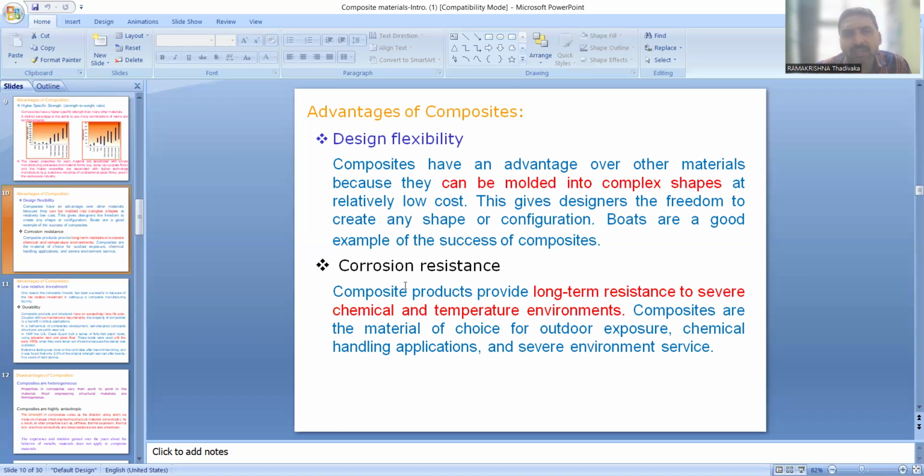That's why when you purchase or manufacture any component, we should first see whether it has corrosion resistance or not. Composite products provide high corrosion resistance, that is, long-term resistance to severe chemical and temperature environments.